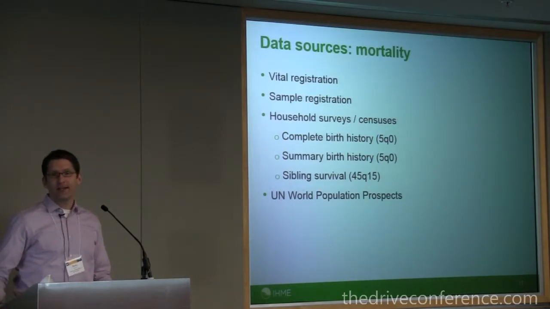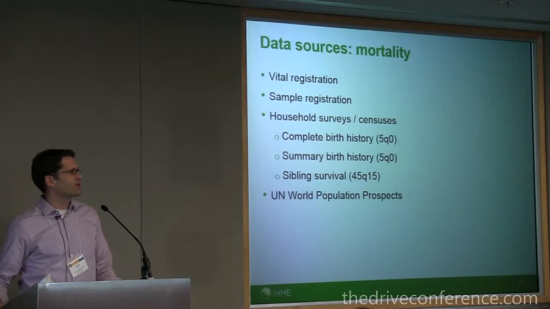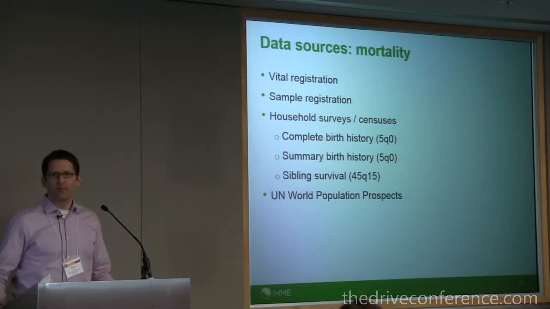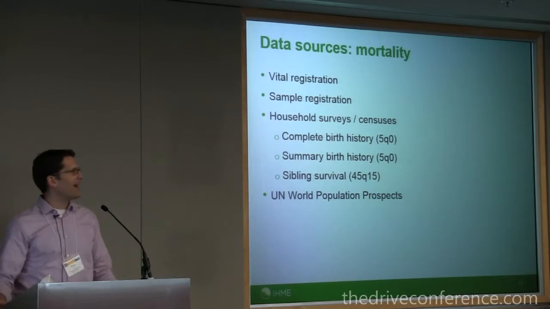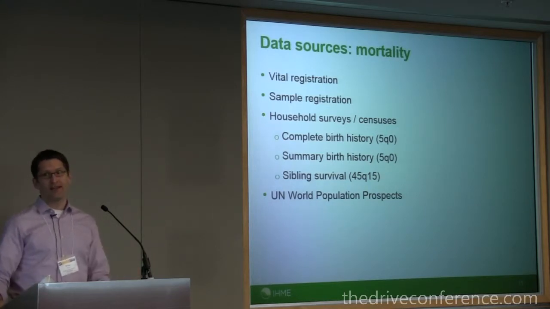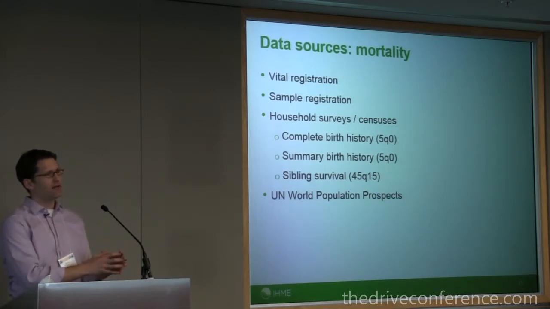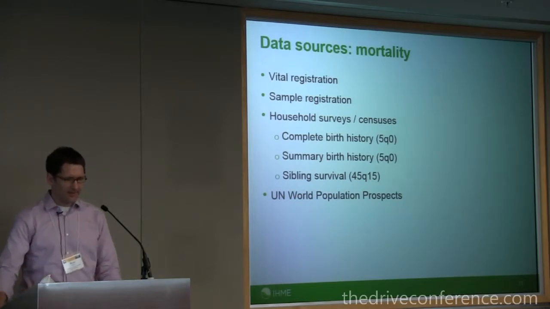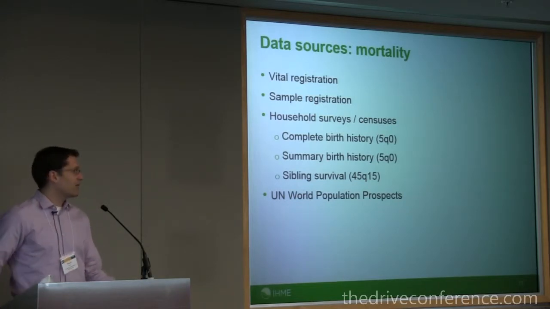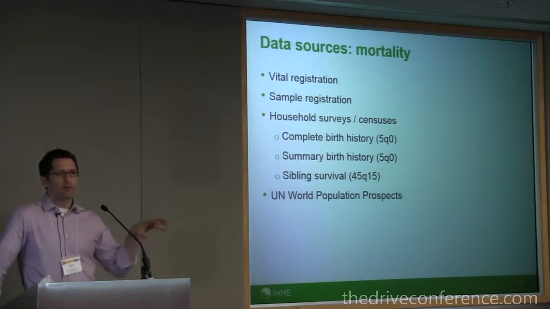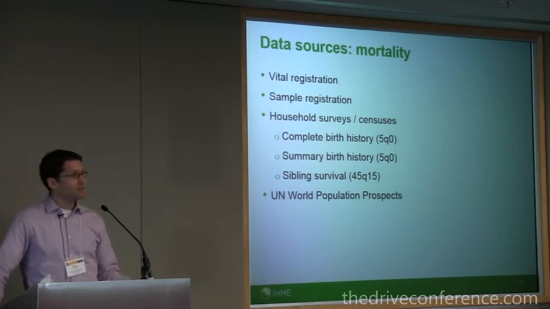So you have about 130 countries that have vital registration systems to begin with, and most of these are not complete. So for those where it's not complete, you need to track back and see what was captured, and can you actually estimate based on incomplete data, or do you use the other methods that I'm mentioning below? There's sample registration systems in some countries that cover certain parts of a country in a systematic way.